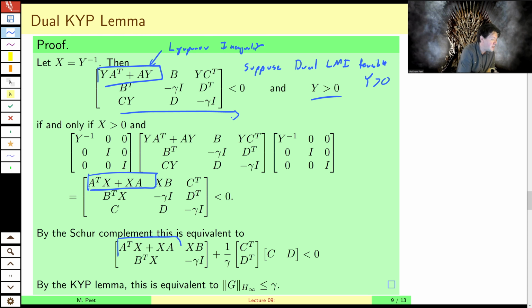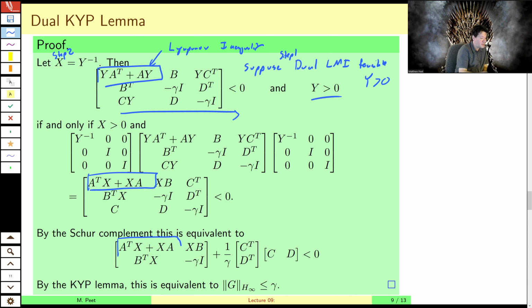Step 1. Step 2, define the variable x as a potential solution to the primal KYP lemma. Then we will show that the x solves the primal KYP lemma, and therefore shows that the H infinity norm of this system is stable.